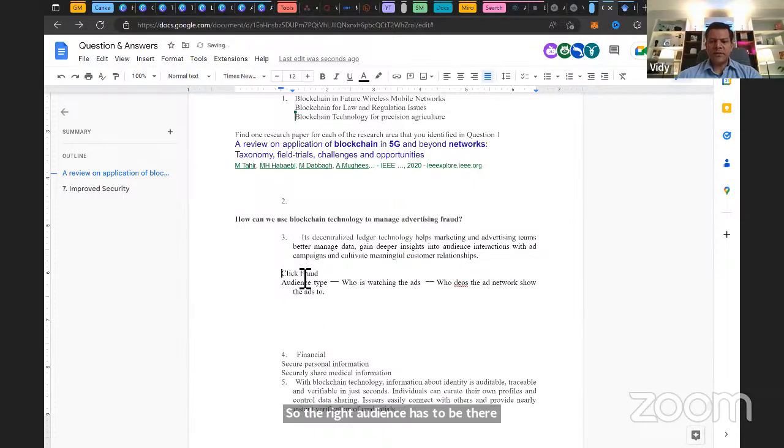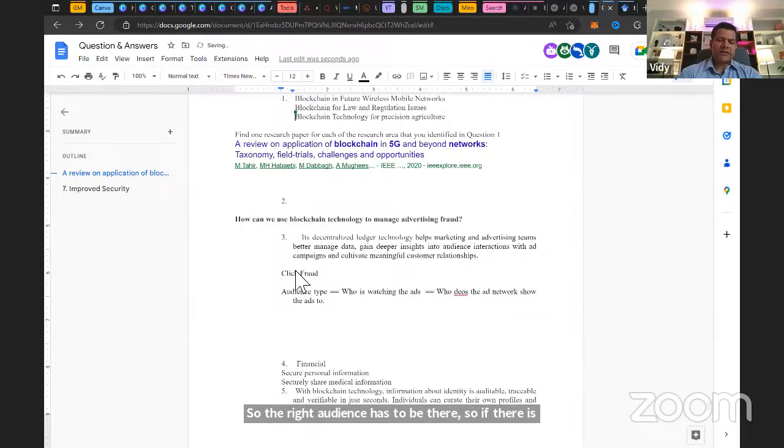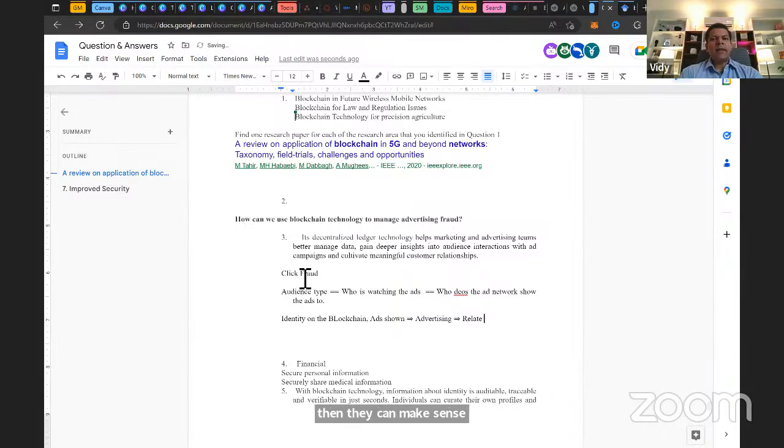So if you can imagine, if there is identity on the blockchain, and then ads shown, and if both this information is given to the person who is advertising, then they can make sense, relate that, okay, my ad that was about doing research was shown to PhD students, right?